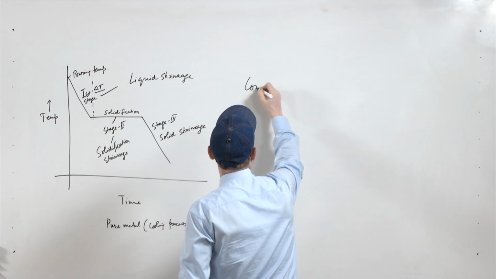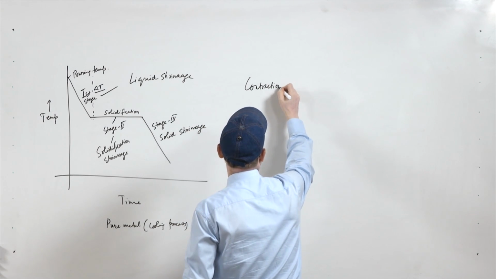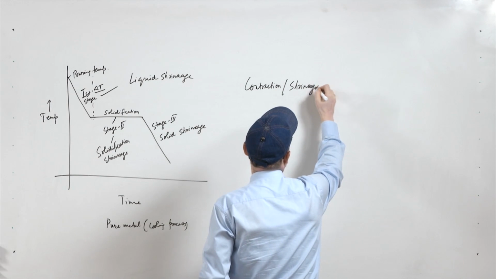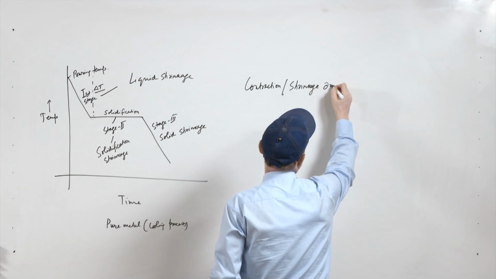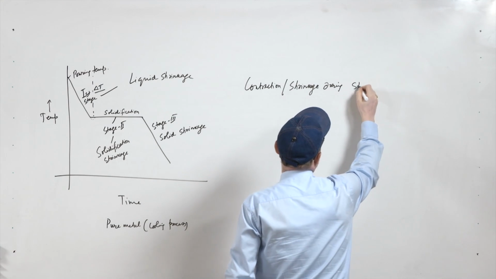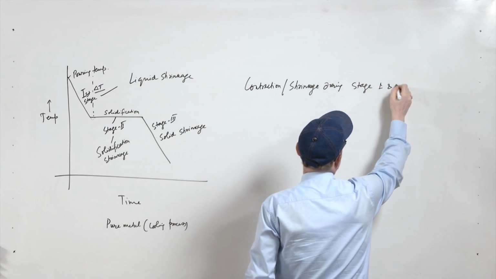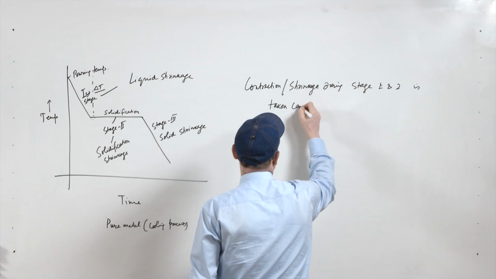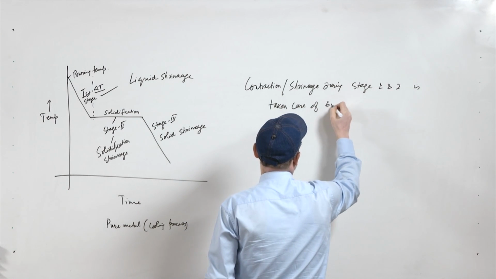So, contraction or shrinkage during stage 1 and 2 is taken care of by the riser.